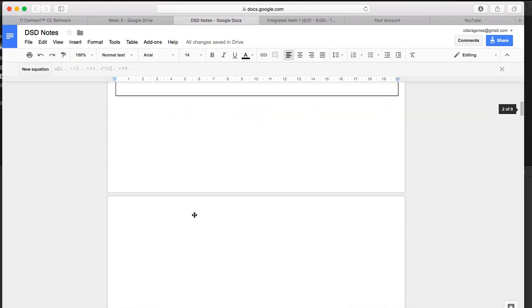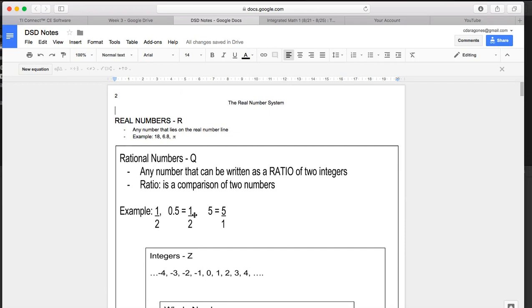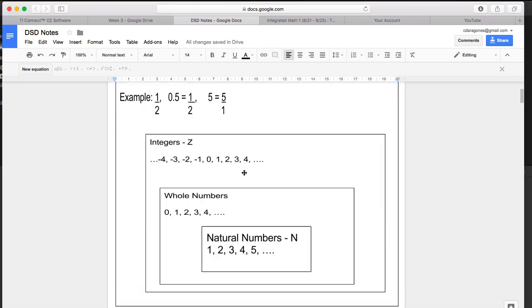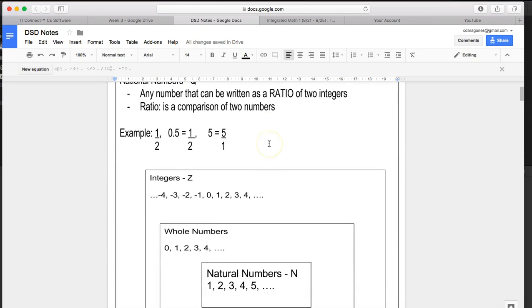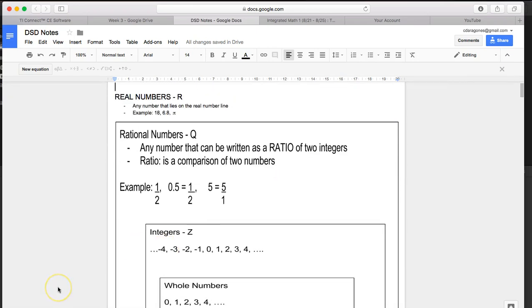So go ahead and make sure you have all your notes for this page on the real number system. And then when you're finished, you are going to take a photo of your notes, upload it here on Dreamseed Do, and then you're going to move on to the next step.